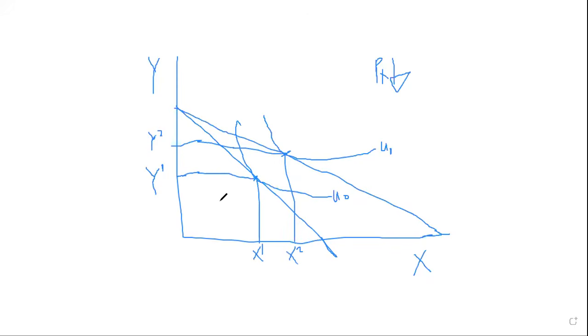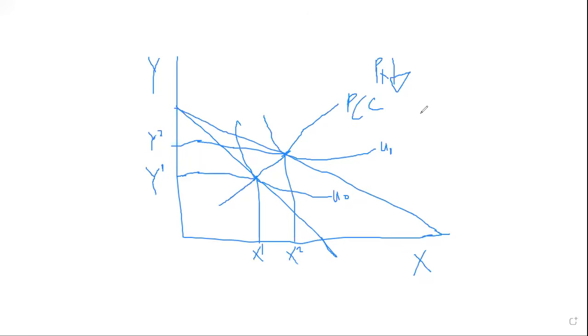So if I draw a straight line to pass these 2 points, that is the price consumption curve for X when X and Y are complements. Right, so please take note of that as well.